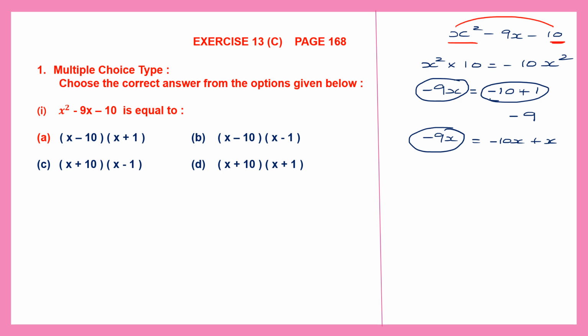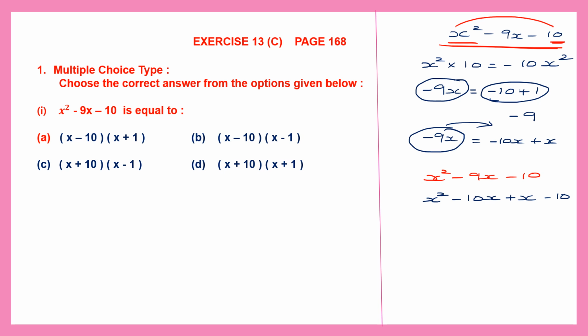So now I am going to rewrite this trinomial. Let me write it here first. X square minus 9x minus 10. Now I'm going to rewrite this as x square, this will remain the same. Now minus 9x has become minus 10x plus x minus 10. Now we're going to find suitable groups. We're going to look for like terms here.